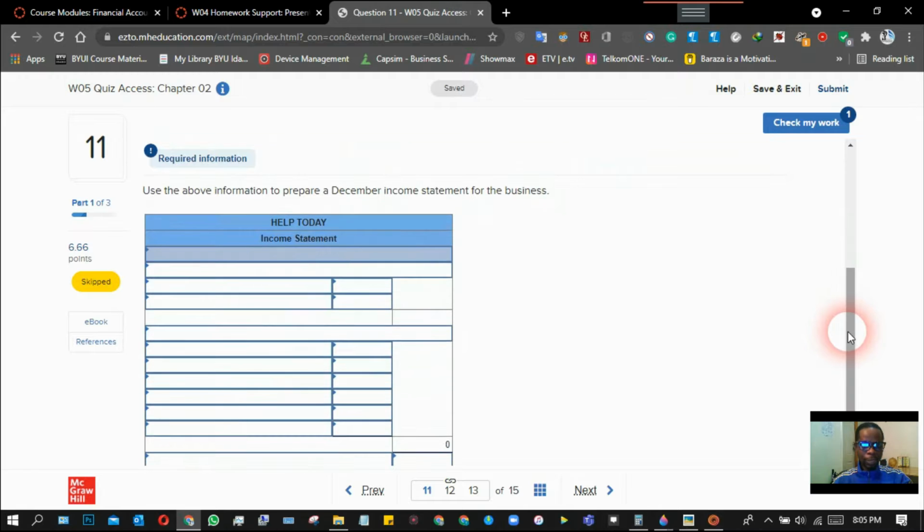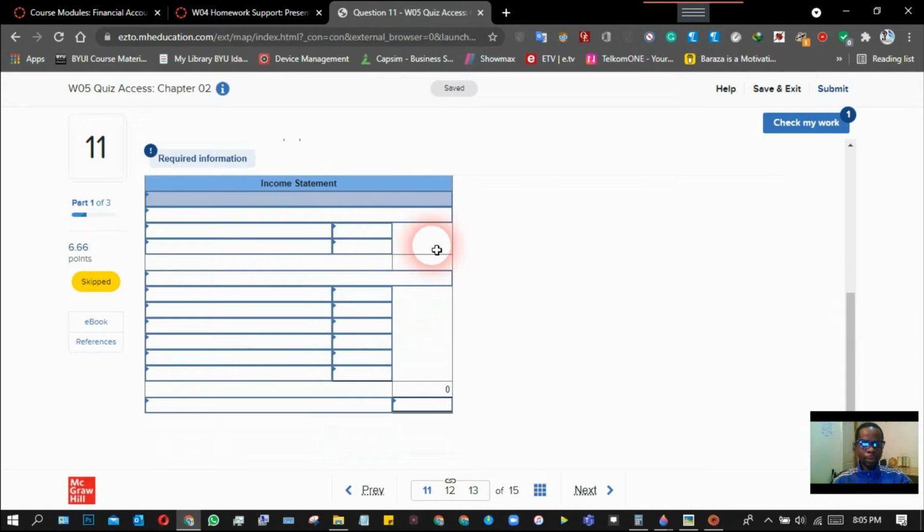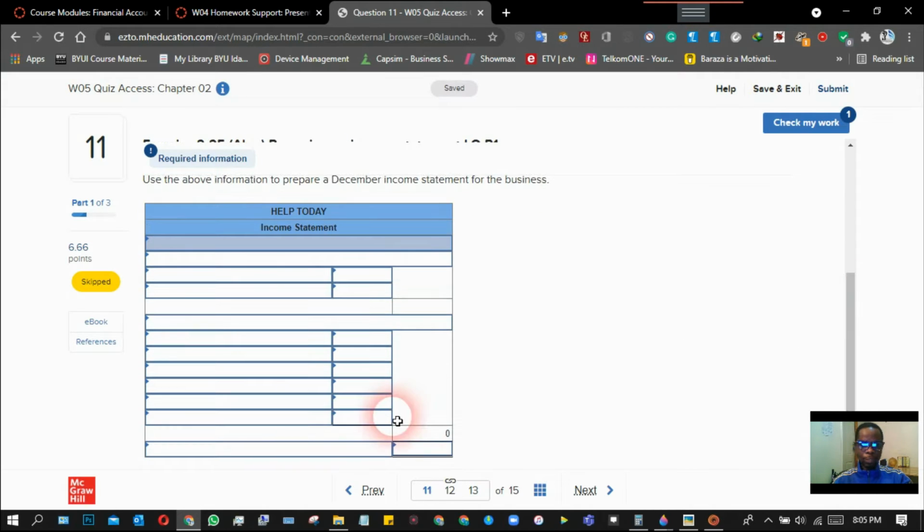In question 11, we are supposed to fill up the income statement. Now remember, the purpose of filling up the income statement is so that we can have a net income at the end of the period. To get the net income, we will need revenues and expenses, so that when we get the difference we can get the net income.